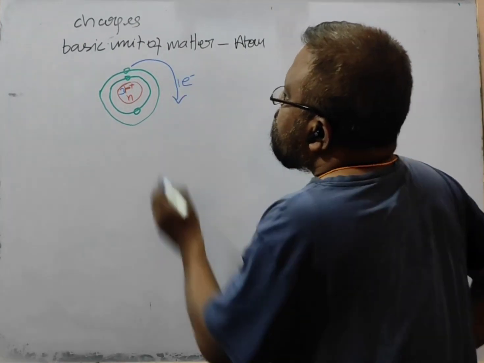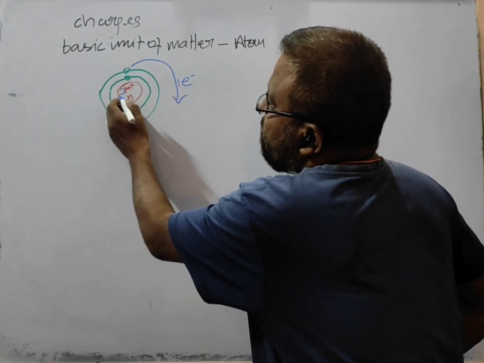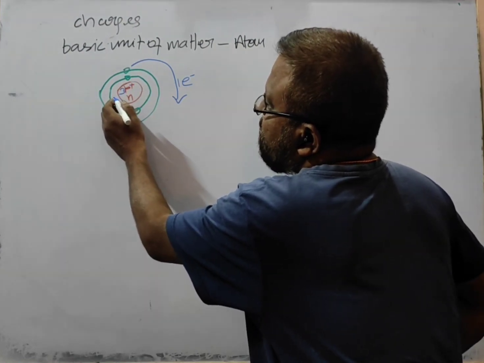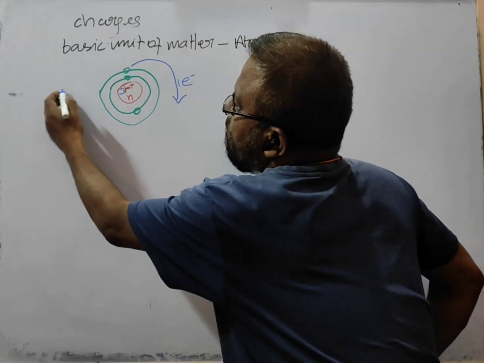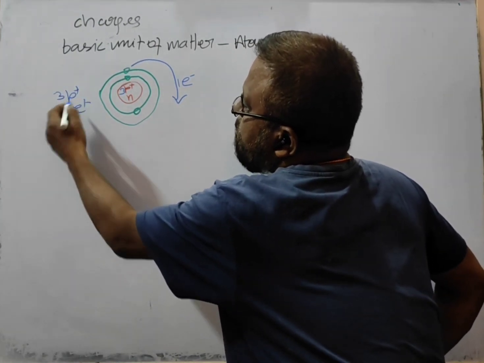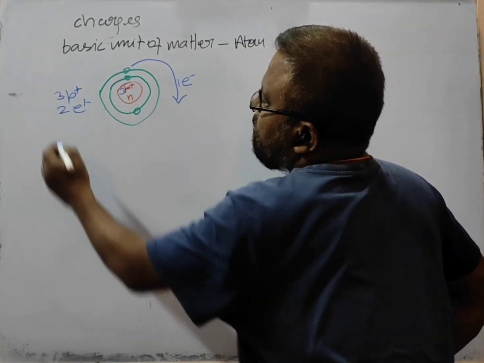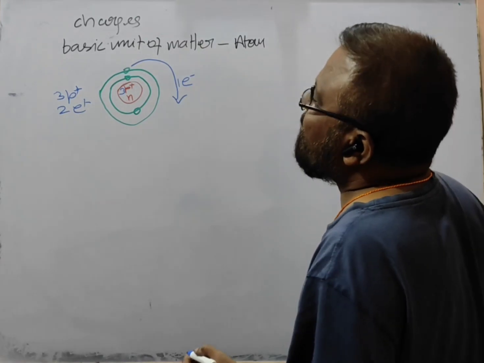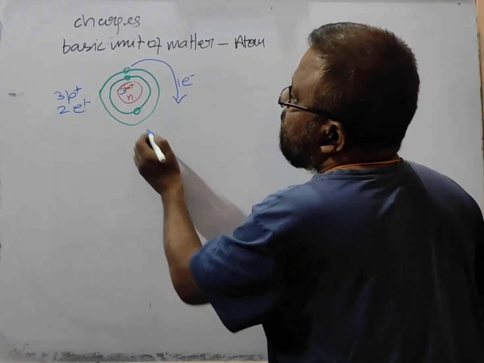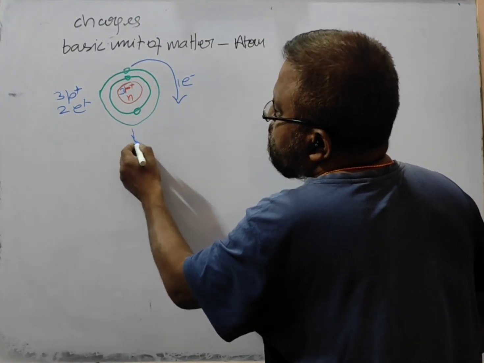So which charge is greater now? 3 unit positive charge, 2 unit negative charge, because 2 electrons are left. So which charge is greater? Positive charge. So this atom gets positively charged.